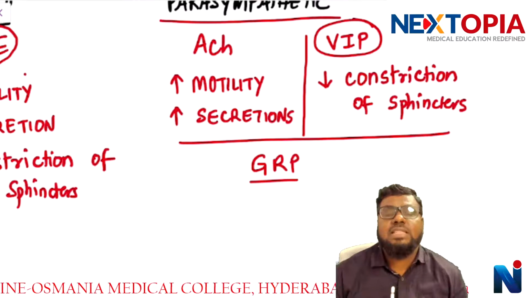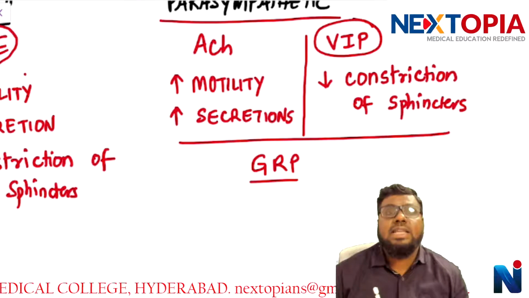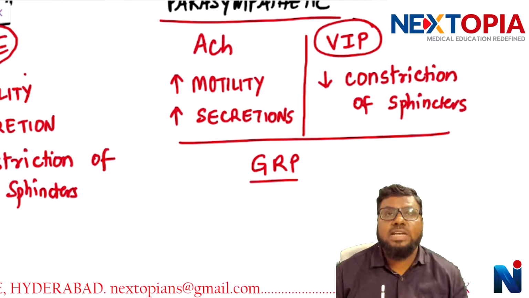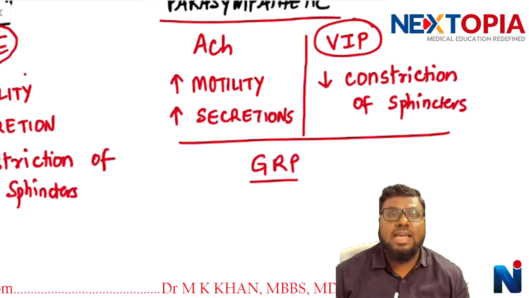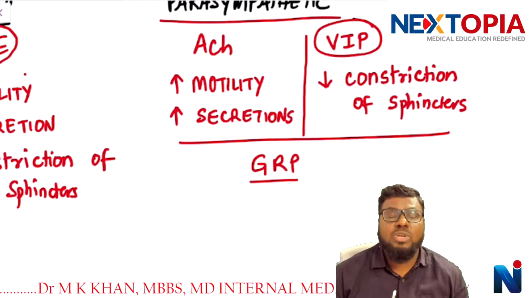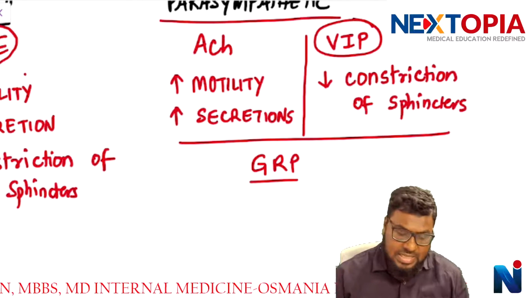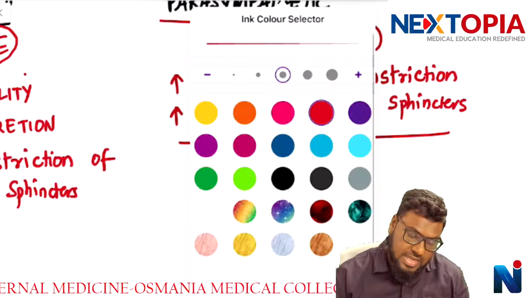So this vasoactive intestinal peptide is released from where? Vasoactive intestinal peptide is released from the enteric neurons present in the enteric plexus, whereas the gastrin releasing peptide stimulates the release of gastrin from the G cells. So what does GRP do?